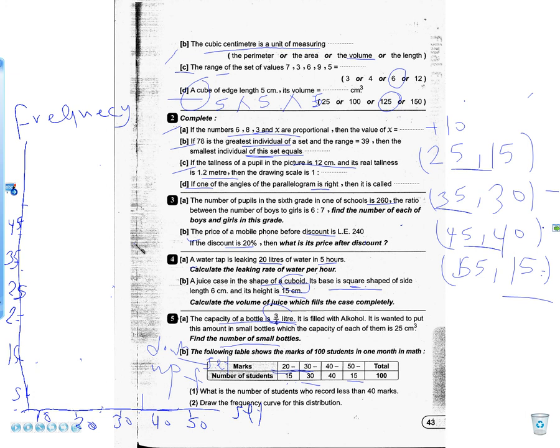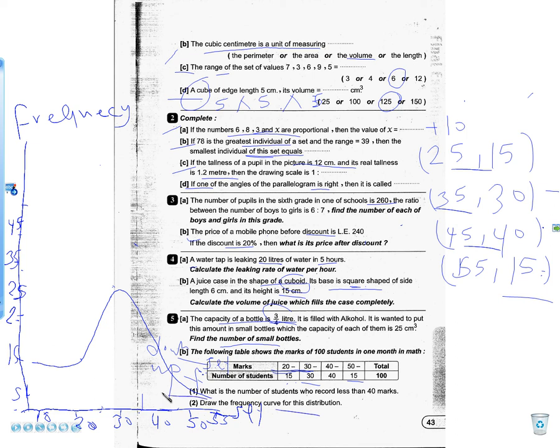And the last one, 55 and 15. Then we draw our curve this way. This is our frequency curve, which we are asked to get.